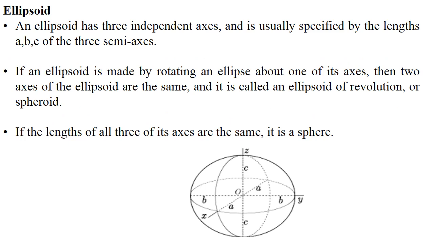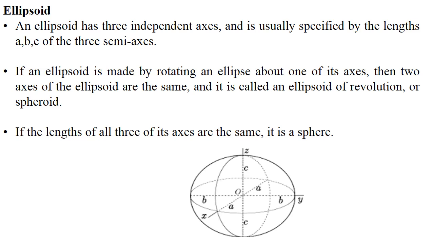Ellipsoid: a three-dimensional closed geometric shape, all planar sections of which are ellipses or circles. An ellipsoid has three independent axes and is usually specified by the lengths A, B, and C of the three semi-axes.